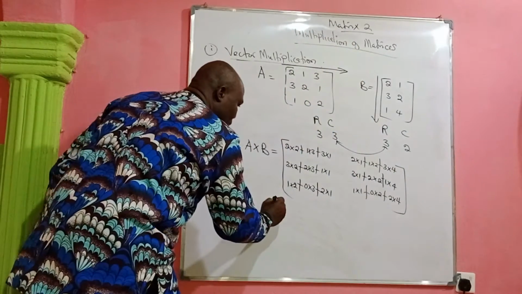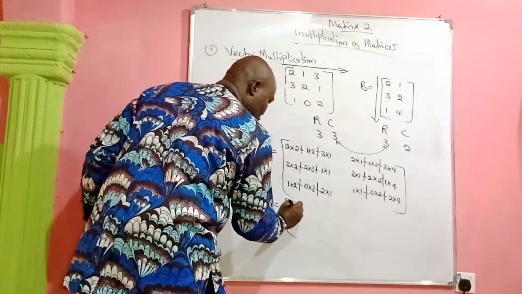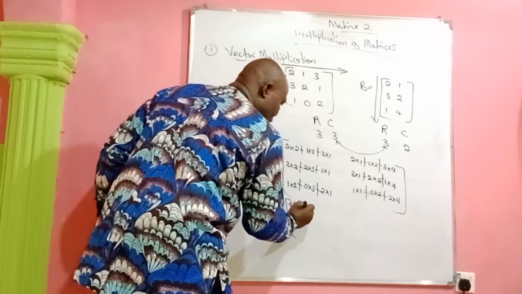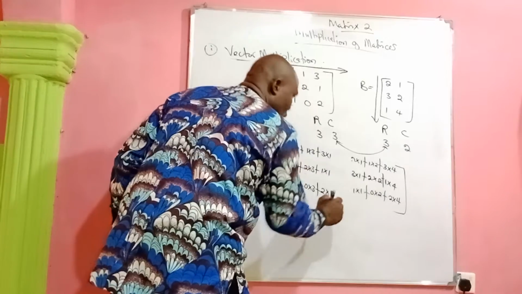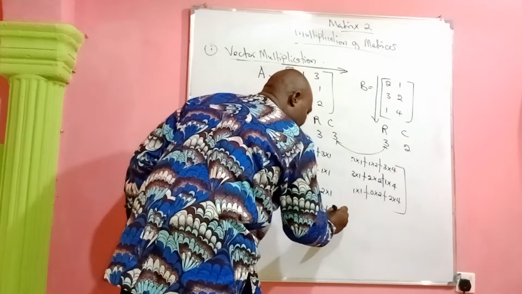Now I need to find the result. So we are going to have 2 times 2 here is 4, plus 1 times 3 is 3, plus 3 times 1 is 3. The other side, 2 times 1 is 2, plus 1 times 2 is 2, plus 3 times 4 is 12.